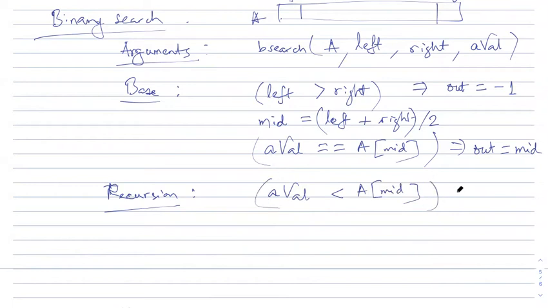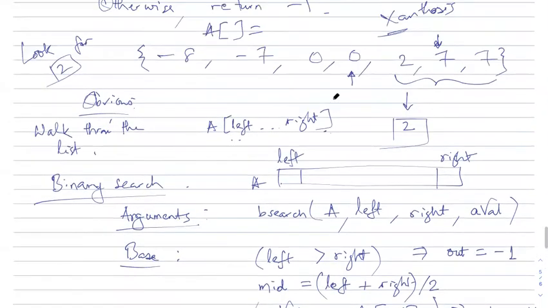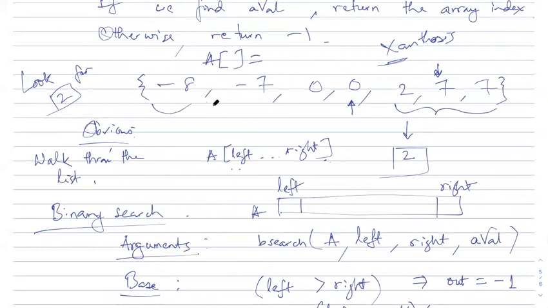So when it was less than, where should we be looking for? We should be looking for in this range. So what is this range exactly? So this is our mid, right? This is left. This point is left, right? So this point is then what? It is mid minus 1, right?